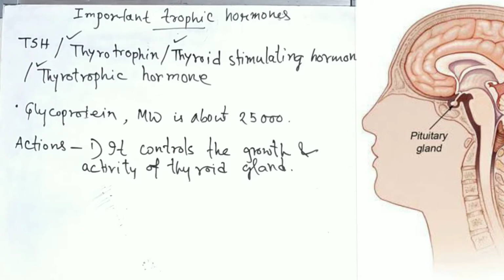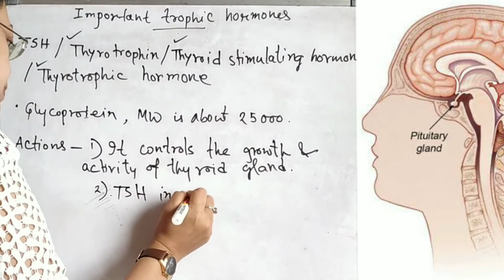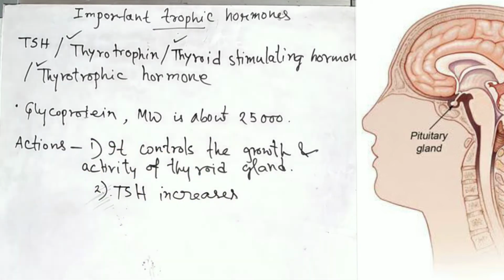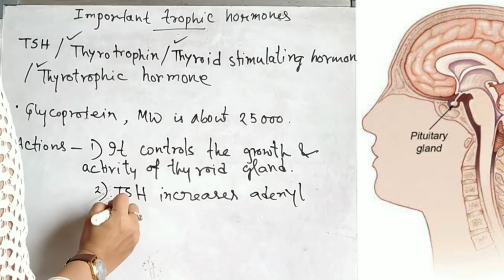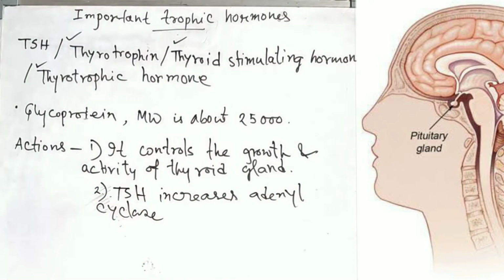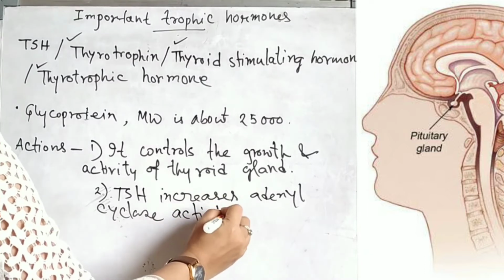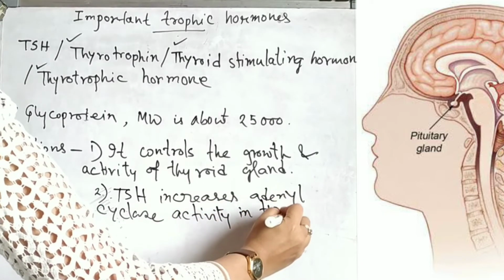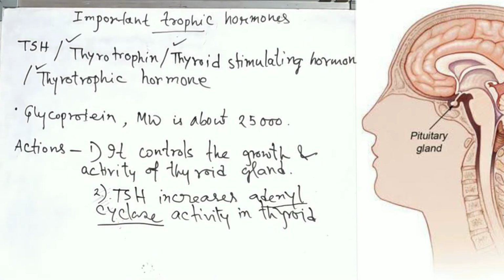Next one, TSH increases the adenyl cyclase activity in the thyroid gland.